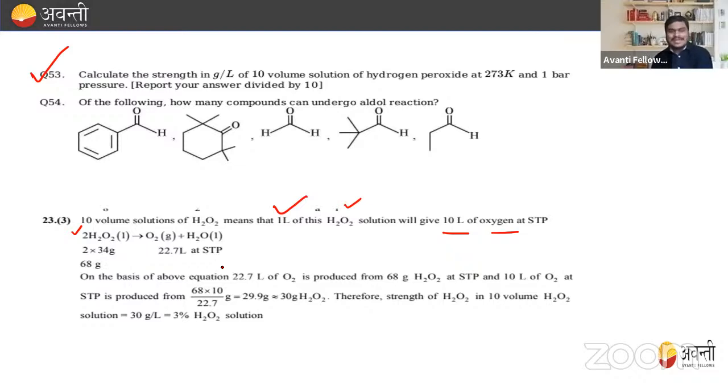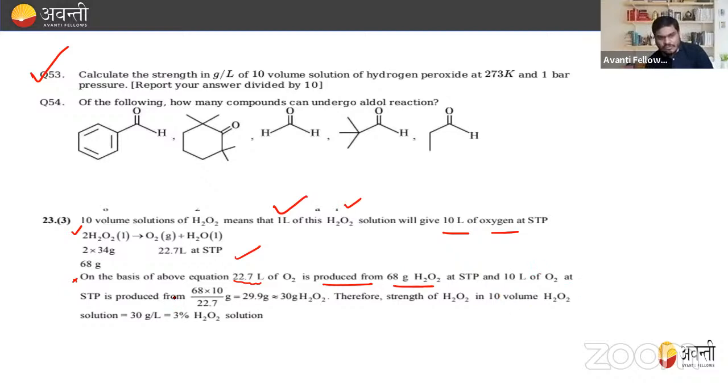And O2 at STP is equal to 22.7 liter. So 68 gram produces 22.7 liter at STP. Now, on the basis of the above equation, 22.7 liter of O2 is produced from 68 gram of H2O2.